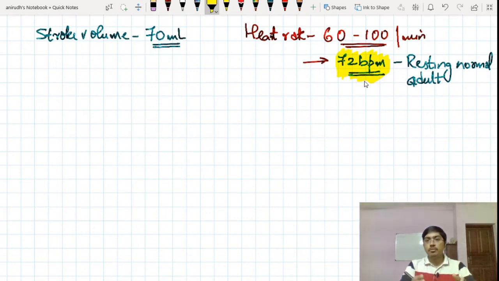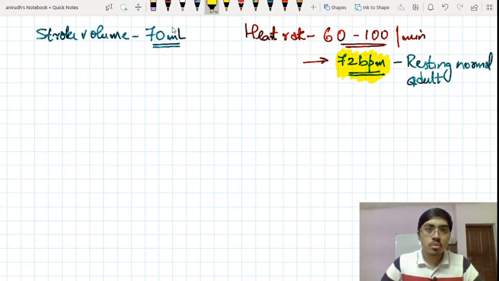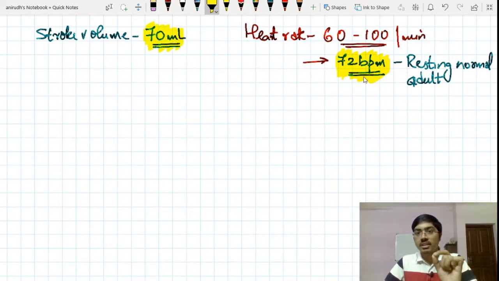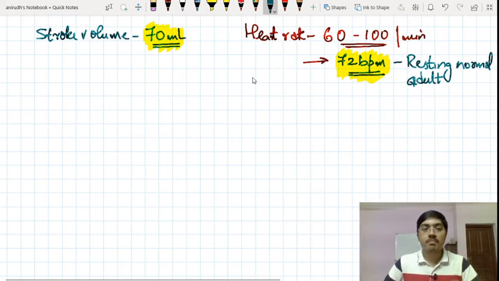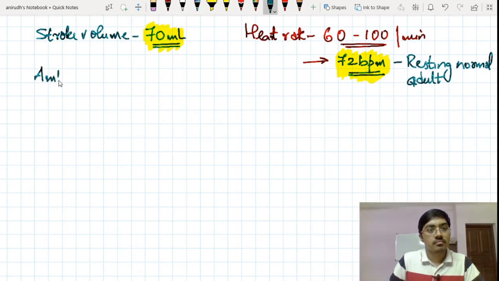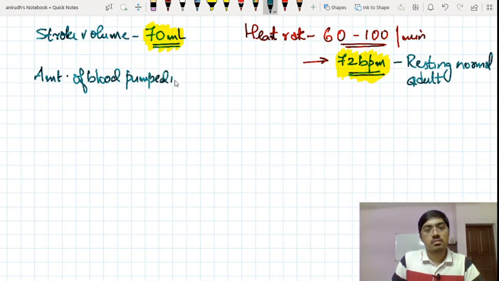Okay, so 72 beats per minute is the normal heart rate of a person, and it is also the number of cardiac cycles in 1 minute. Both are the same. So if I know the amount of blood pumped in one heartbeat, and I know that there are 72 heartbeats per minute, I can find out the amount of blood pumped in 1 minute.